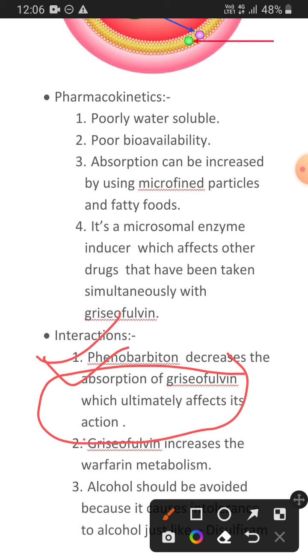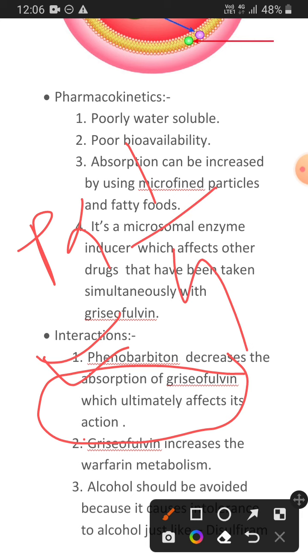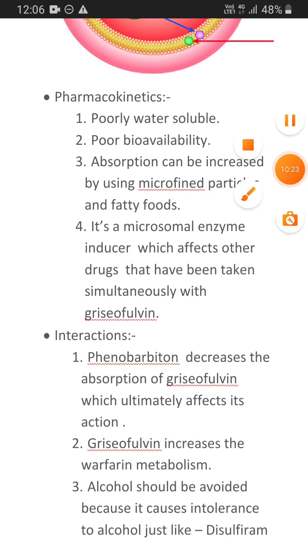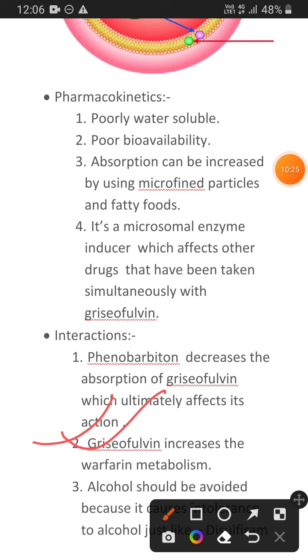So you can just remember that phenobarbital negatively affects griseofulvin's action. Griseofulvin increases the metabolism of warfarin, which is also not good for us, and alcohol should be avoided when you are taking griseofulvin as your antifungal treatment, because griseofulvin also acts like disulfiram, that means it causes alcohol intolerance.